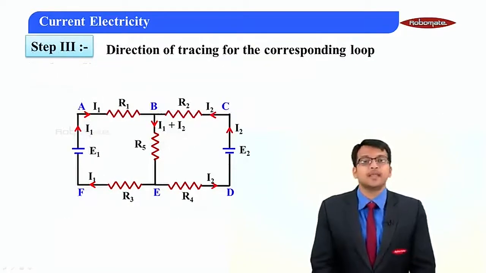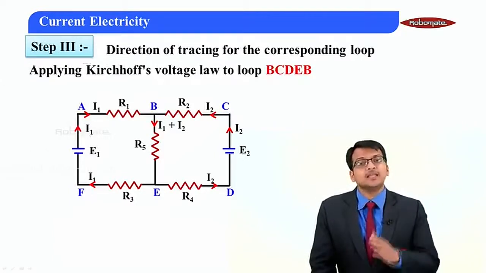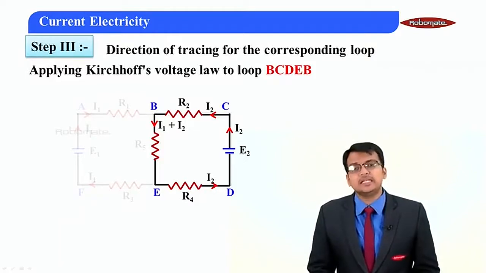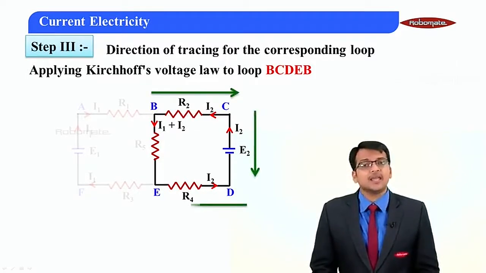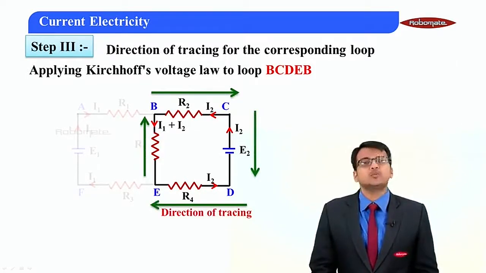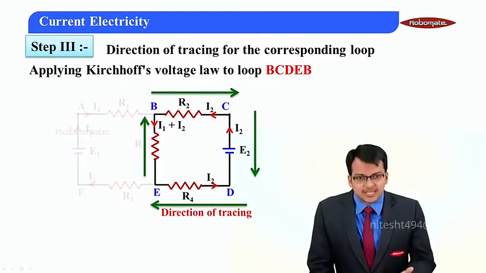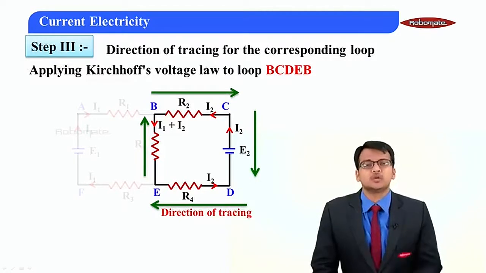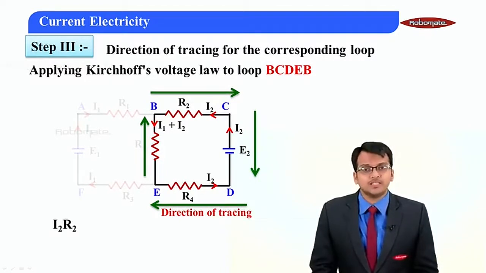Now, let's apply KVL in the other half of the circuit. In the loop B, C, D, E, B, I again assume the direction of tracing to be clockwise, because we have already seen that the equation comes out the same irrespective of the direction of tracing. What about branch BC?